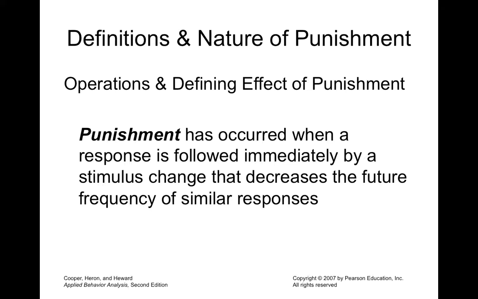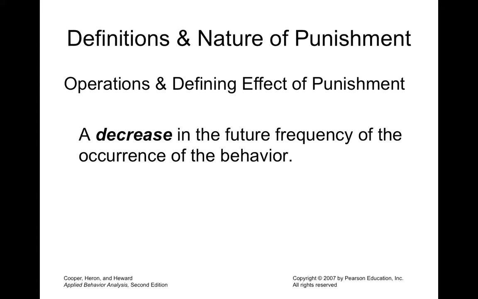Punishment has occurred when a response is followed immediately by a stimulus change that decreases the future frequency of similar responses. So, the decrease in the future frequency of the occurrence of the behavior is the key to describe punishment.